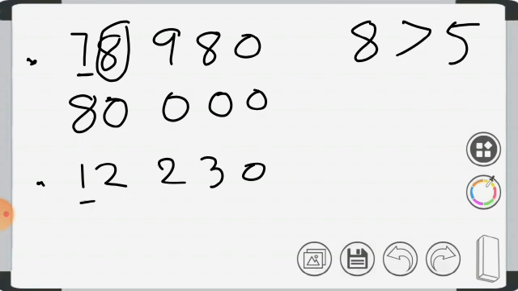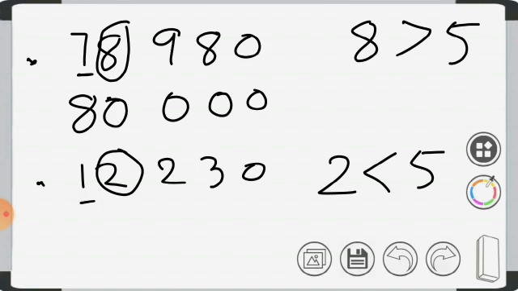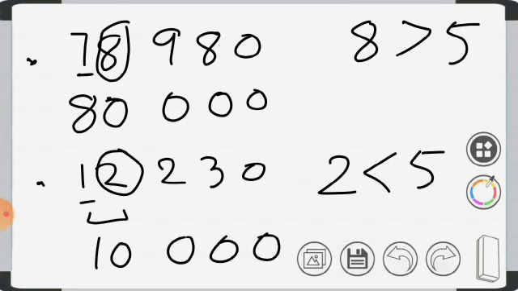Here 1 is in the 10,000s place. We will look at the 2. 2 is less than 5. So what is the nearest 10,000 to the 12? That is 10, and the other numbers will be zeros.